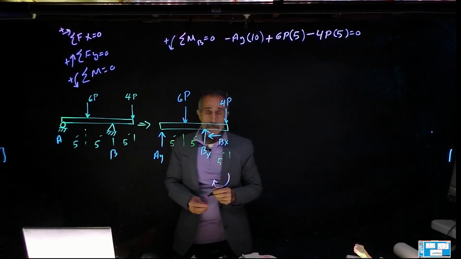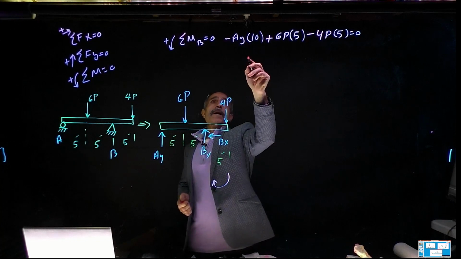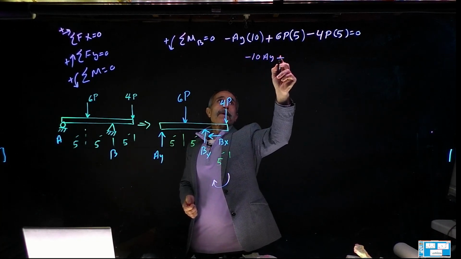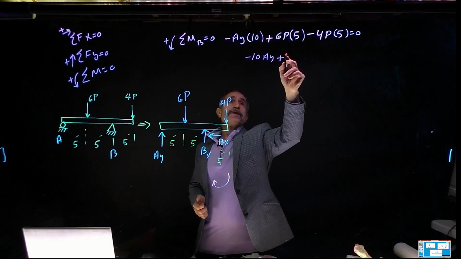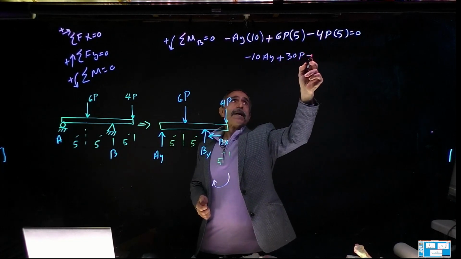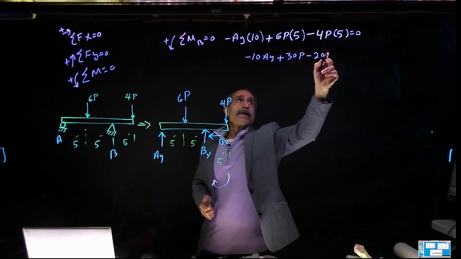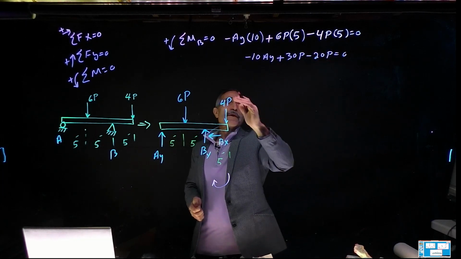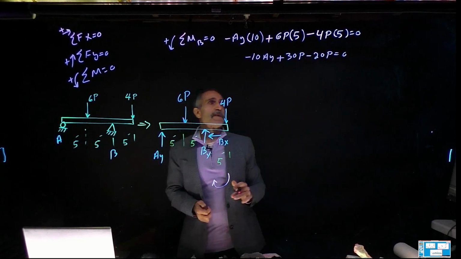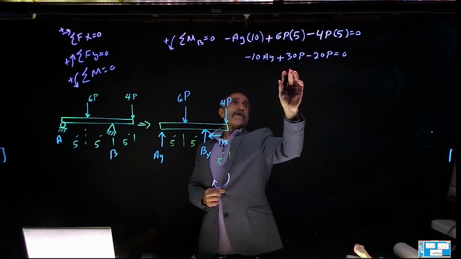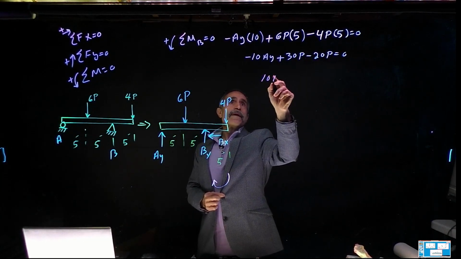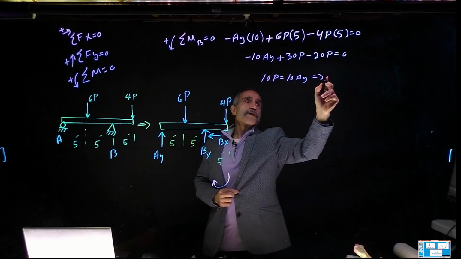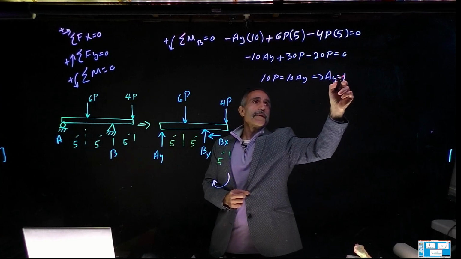That comes out to minus 10AY, plus 5 times 6 is 30P, and minus 4 times 5 is 20P, equals 0. If we add that up, let's keep AY on this side, so it becomes positive. So it's going to be 10P equals 10AY. So obviously AY is equal to P.